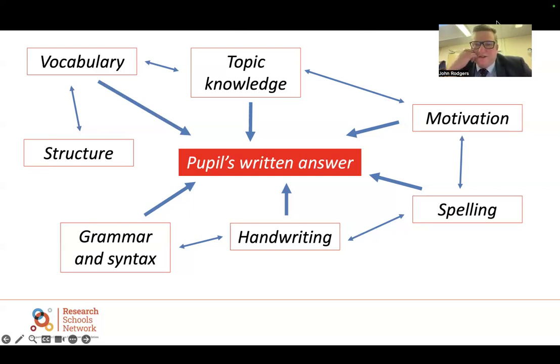Maybe I've not looked into it for a bit, but it just seems that way. I know the EEF, for example, have taken off a lot of the trials and tests that they've done where things haven't worked as well.